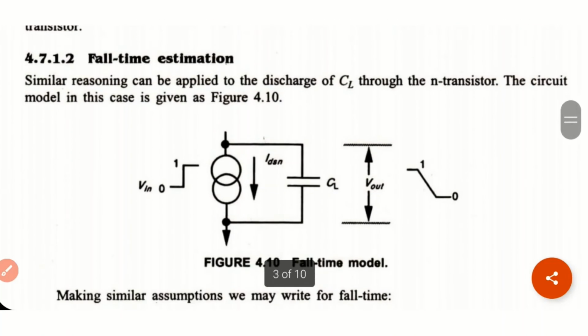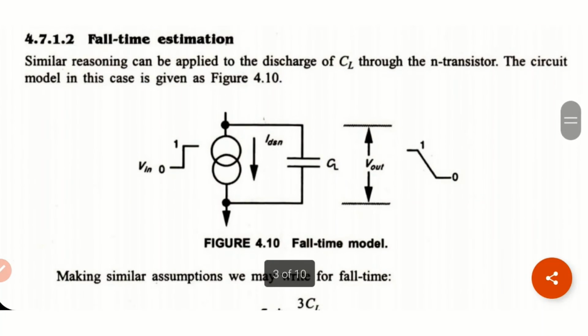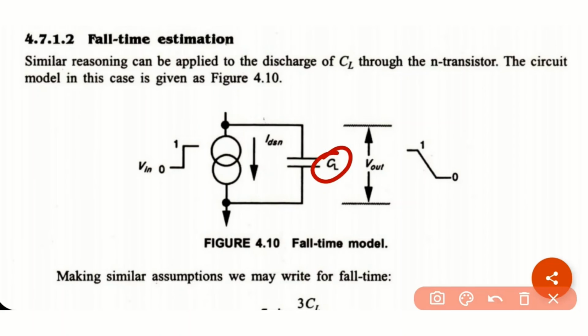Similarly, we are going to do the fall time estimation. Fall time estimation means we are going to discharge this capacitor CL through the N transistor. So this is now your diagram. Firstly we were charging, now we are going to discharge, from 1 to 0.